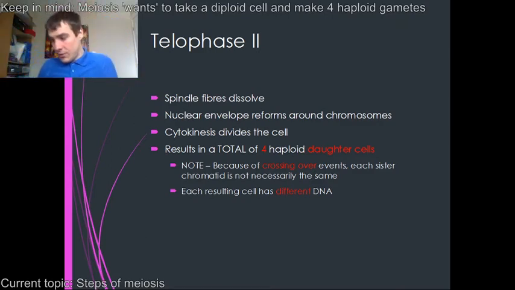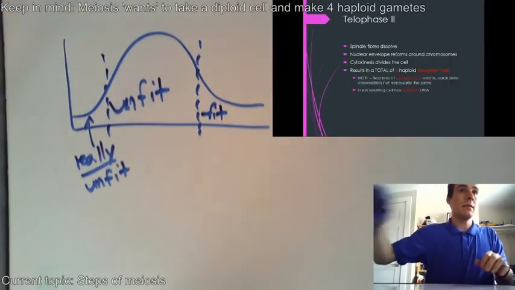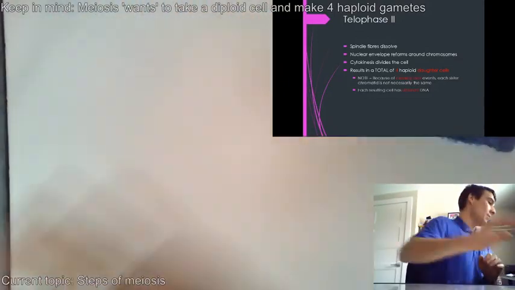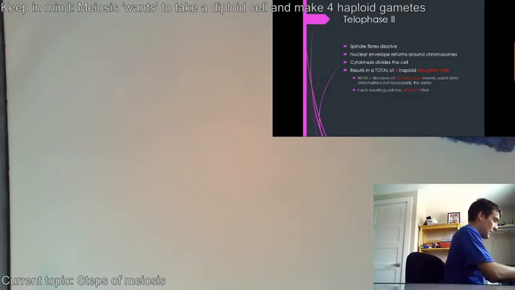So I'm going to try to explain that to you guys back over on the document camera. We're going to erase our fit and unfit, and we're going to change our current topic, diploid versus haploid.